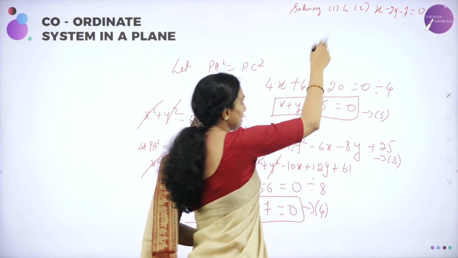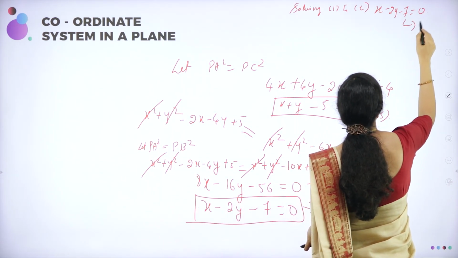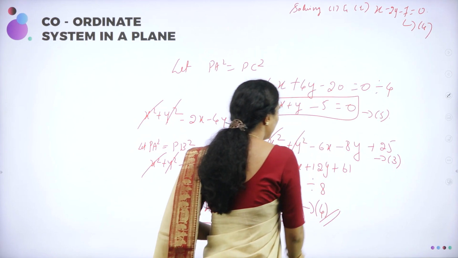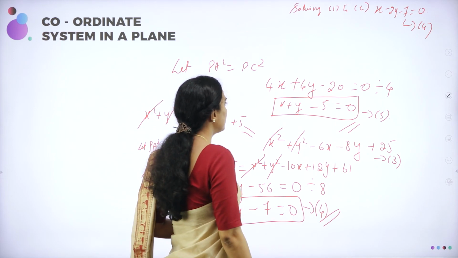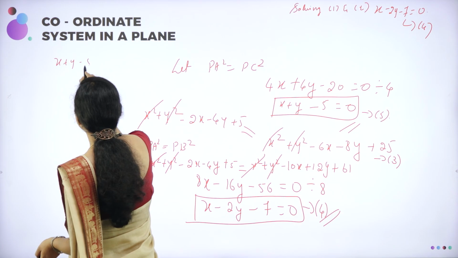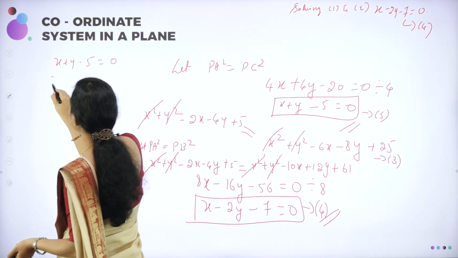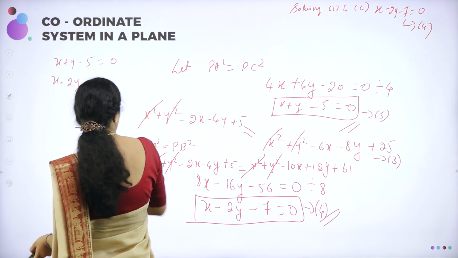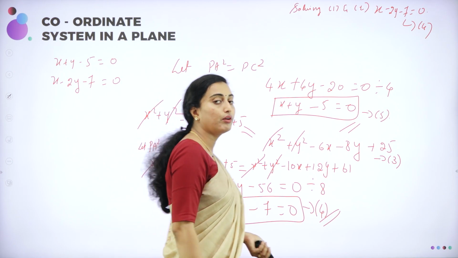Now solve equation 4 and 5. This is equation 4, right? What we got here, solve this 4 and 5. Let us solve that one now. x plus y minus 5 equal to 0, and then x minus 2y minus 7 equal to 0. So what you are going to get the answer?